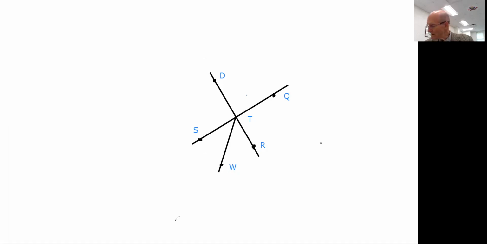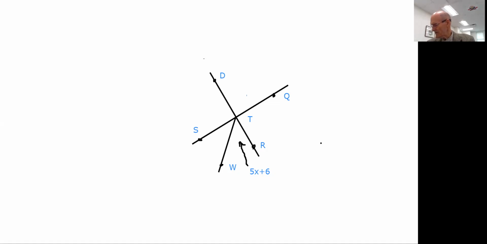Okay. Now what it tells us in this situation is that WTR is 5x plus 6. That's the measure of that angle right there, right?